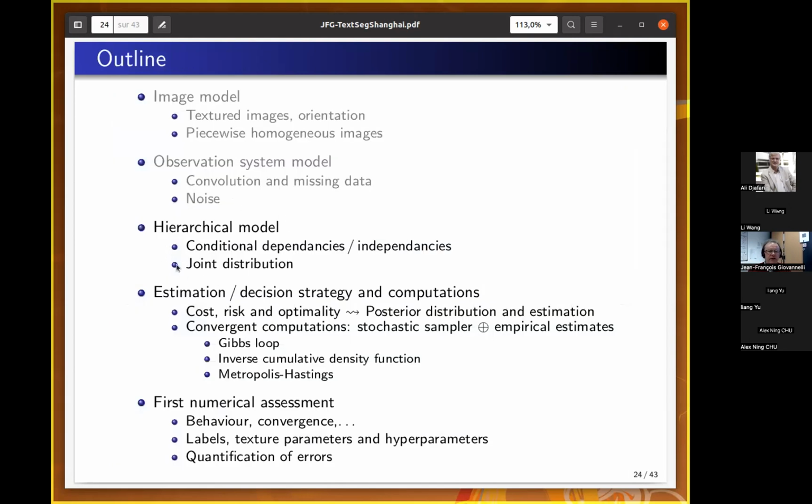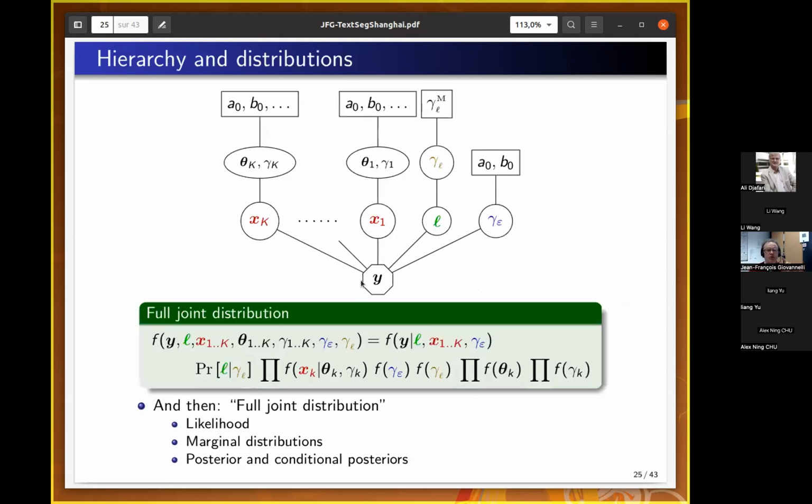Then I will give the rather standard hierarchical model. It models all the dependencies, more specifically the conditional dependencies, of the various variables: the unknown image, the labels, the parameter for noise, the texture parameters, the Potts parameters.